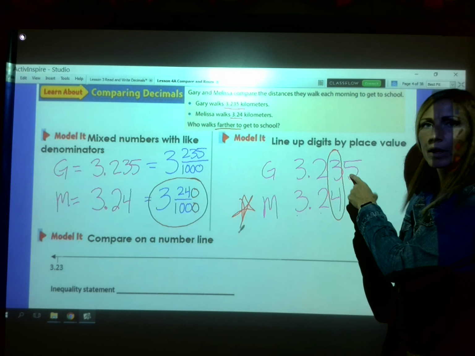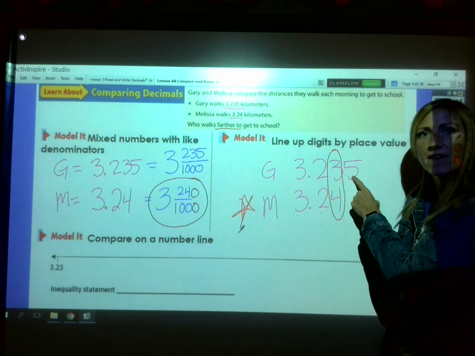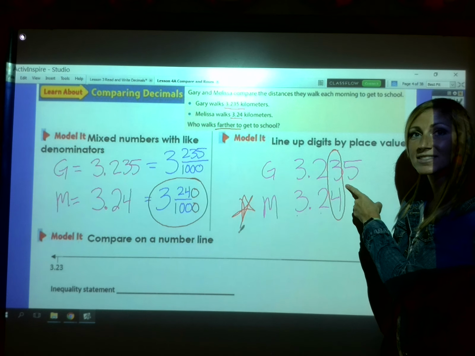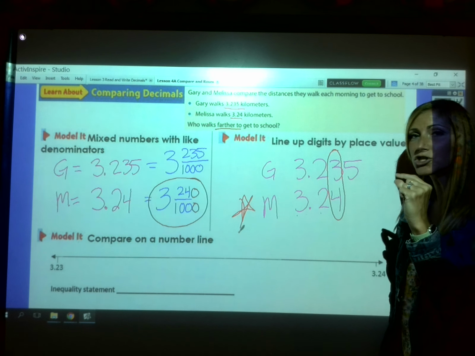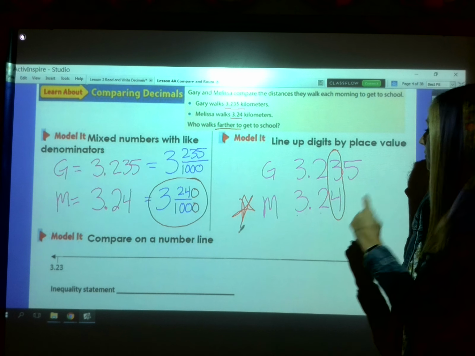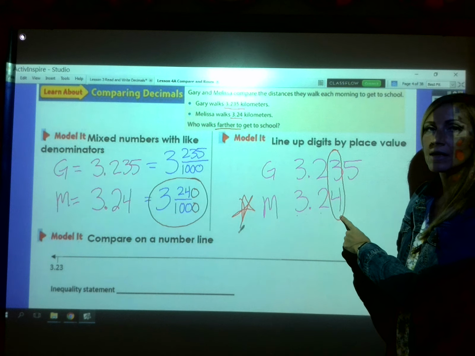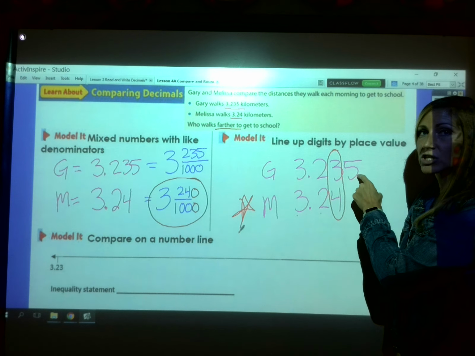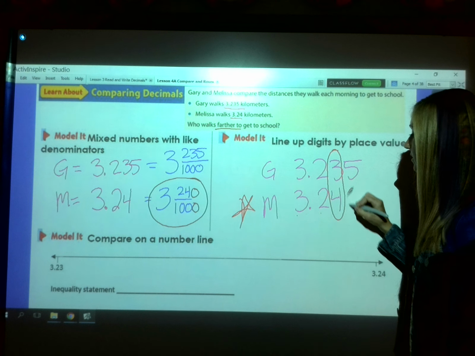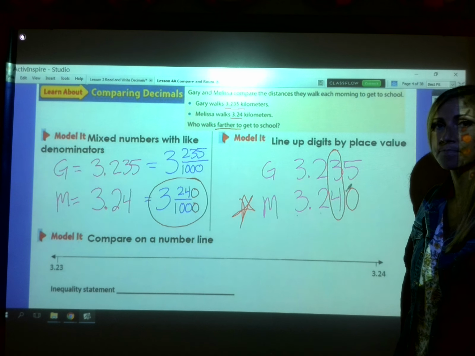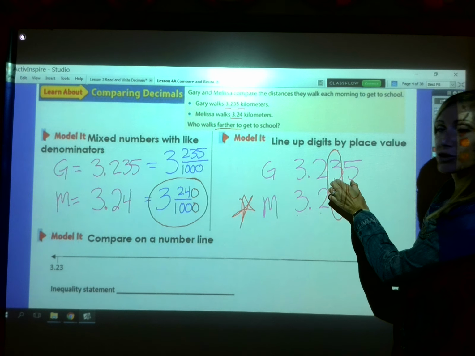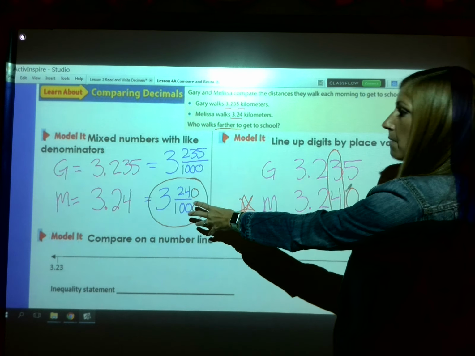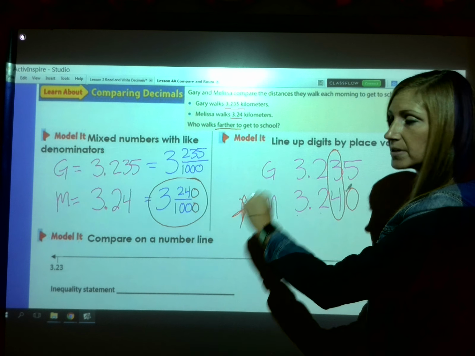Now you might go, well, wait, there's a 5. 5 has some value. But what place value is this in? It's in the thousandths. This is such a smaller value than 4 tenths that just because there's more digits doesn't mean it's larger. This is just a smaller value, even than that 0, okay? Because 40 versus 35. Do you see that? So lining them up, making them into fractions, but they have to be common denominators.